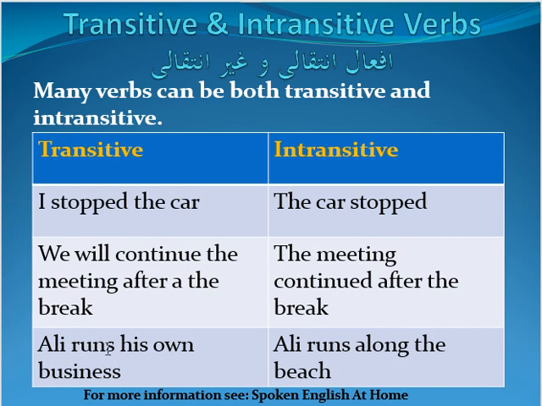So here run is used as a transitive verb. The same verb here is used as an intransitive verb. Why? Because Ali runs along the beach. Ali is the subject, run is the verb, along the beach is not an object. So when it is not an object, we can say this is an intransitive verb.